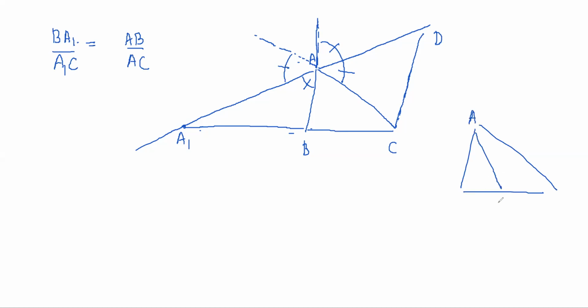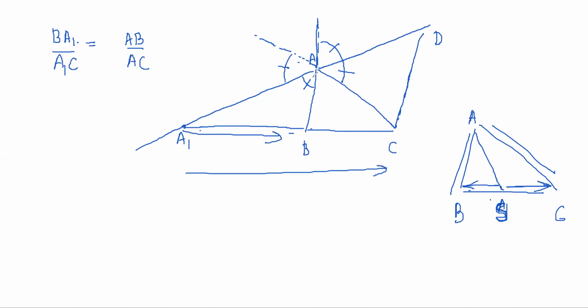A to this point, let's say S, and this is B and C. We had S to B and S to C, the distances were like this, right? It was AB by AC, right? And here you have A1 to B and A1 to C is equal to AB by AC. This is what we have to prove.